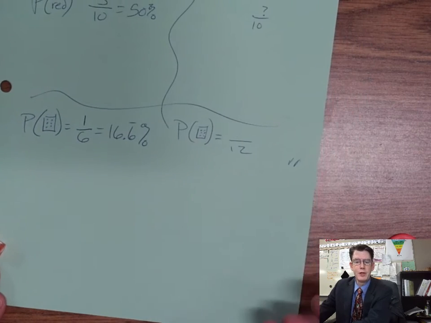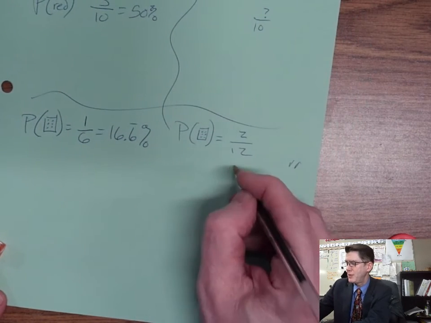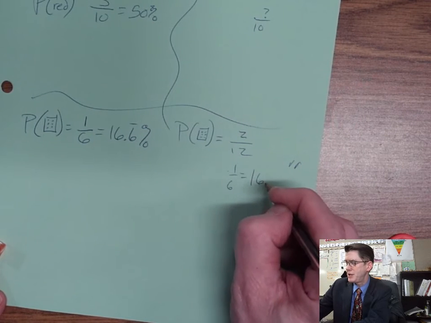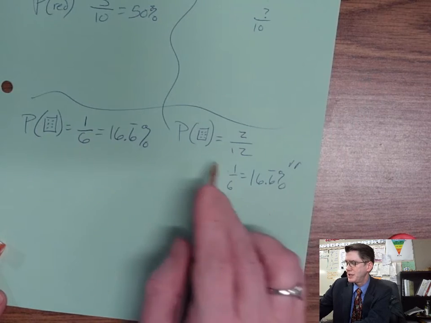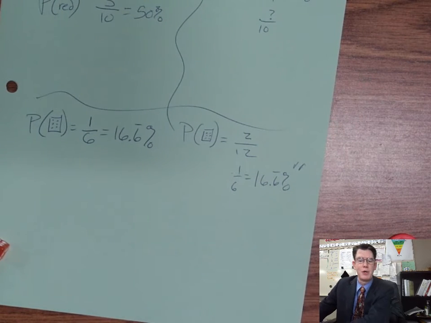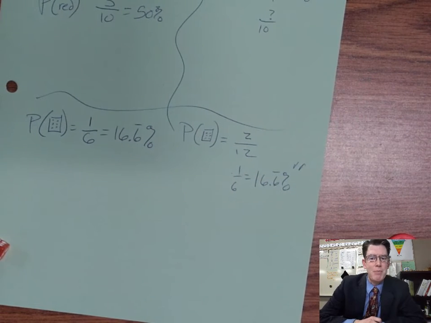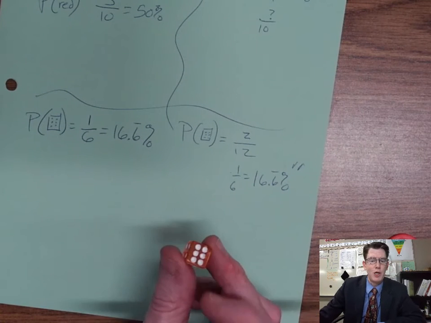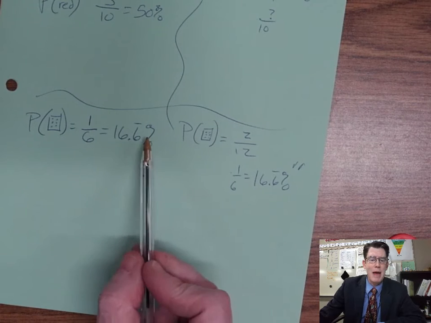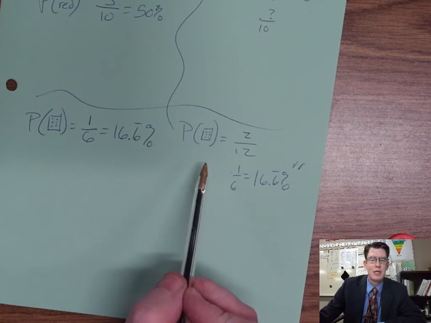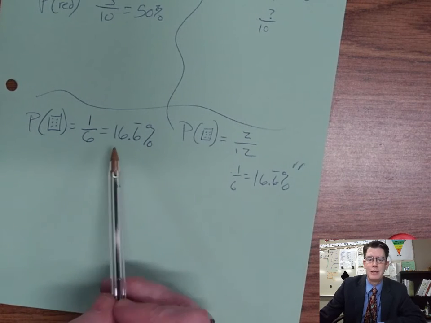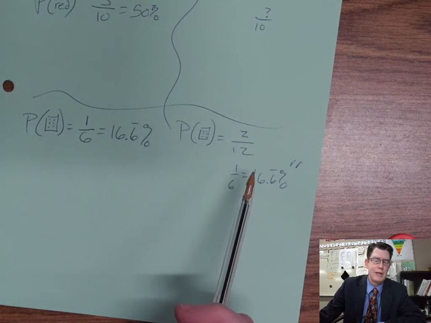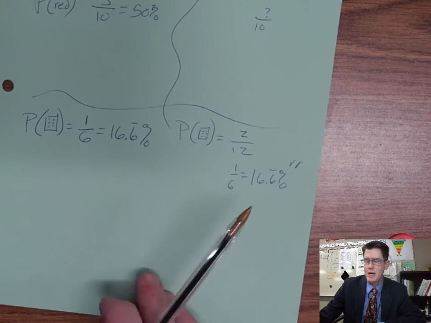When I rolled it 12 times, oh my goodness, I actually did get 2 out of 12. It actually was 1/6. My experimental percent was exactly the same as my probability. But that doesn't always happen. If I rolled it 1,000 times, I might be really, really close, because the more you do it, the closer you get to the theoretical or predictable outcome, as long as it's a random event.